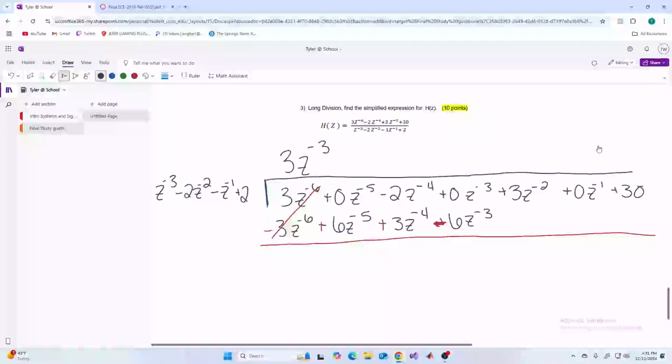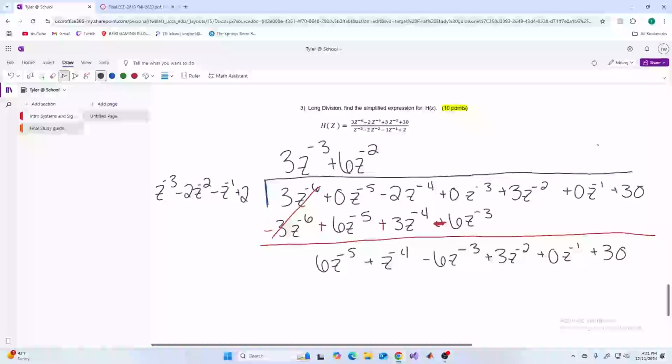So I'm going to get 6z to the power of negative 5 plus z to the negative 4 minus 6z to the negative 3 plus 3z to the negative 2 plus 0z to the negative 1 plus 30. Now I need to do the same thing for the next one. So I'm going to get plus 6z to the negative 2.